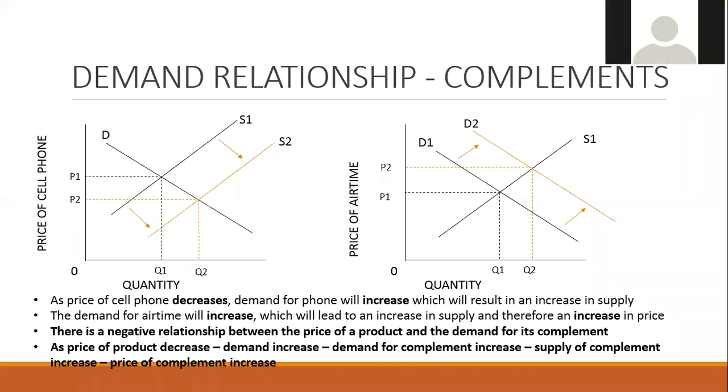And they know that they can't use the cell phone without the airtime, so they're charging more for the airtime. So we say that is a negative impact, because the one product is getting cheaper, but the other product, the complement, is getting more expensive. That's a negative relationship.